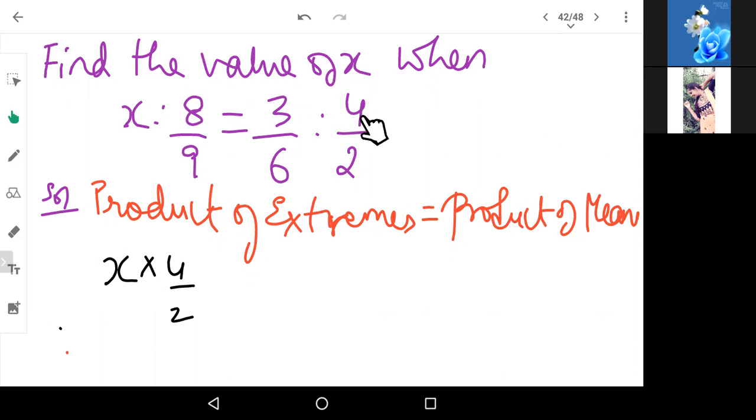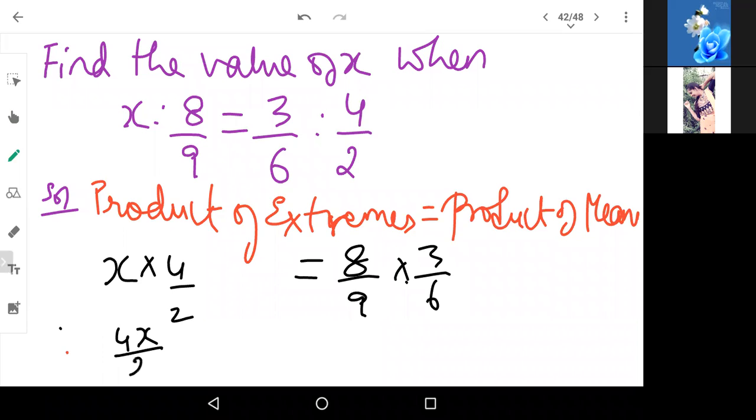So these two are extremes and these two are means. So it is equal to 8 by 9 into 3 by 6. Now 4x by 2, or you can write it as 4 by 2x, is equal to 8 threes are 24 divided by 9 6s are 54. This looks like 6 square, no? We'll write 2 up.